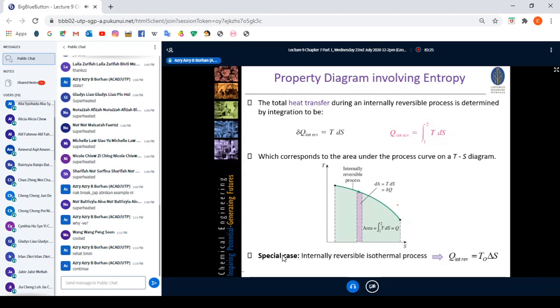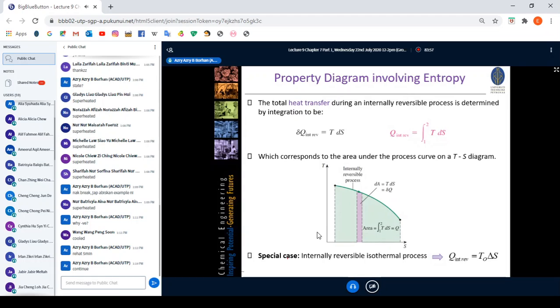The appropriate way of finding the area under this process curve is by performing an integration segment by segment, and then you total it up between the initial and final state to get the total Q transferred throughout the entire process. Of course, this can only be done if you have an internally reversible process, which is presented by this green solid curve over here.